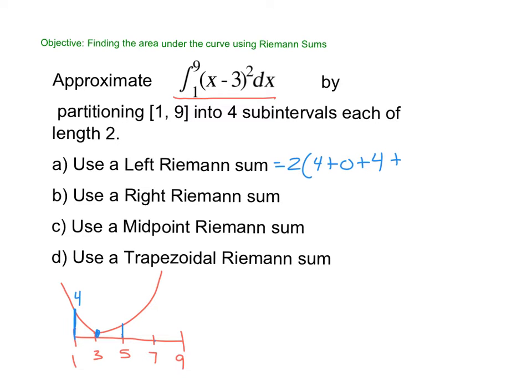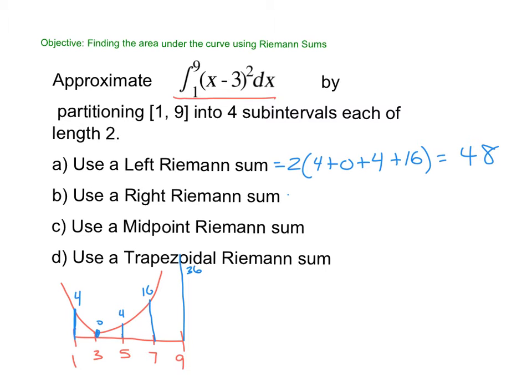And then I plug in 7. 7 minus 3 is 4, so that's 16. So I'm just plugging into the function, right? So 4, 0, 4, 16. And then if we plugged in 9, that would be 36. So I get, what's that? 24 times 2, 48.